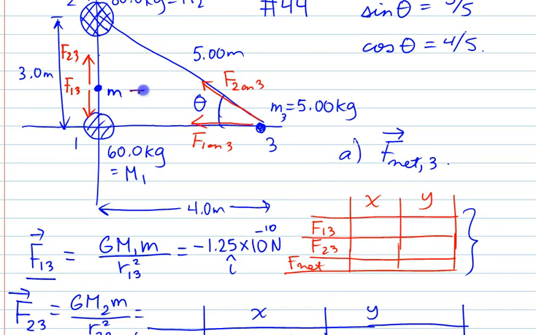What we could do is label the distance vertically on the axis to the mass as y, and so that means that the remaining distance would be 3 minus y.